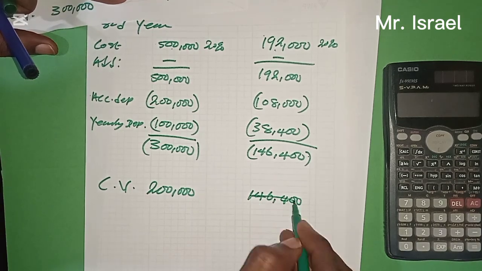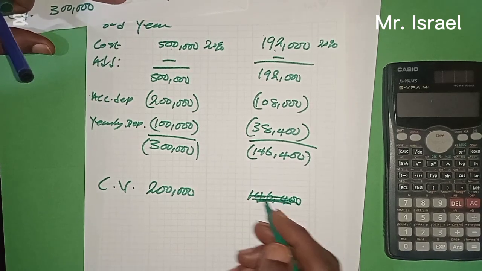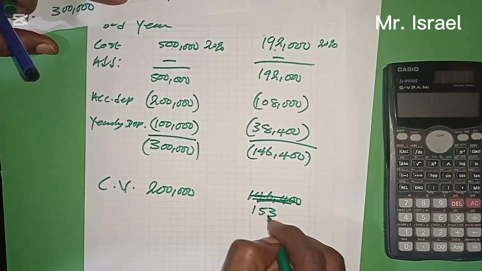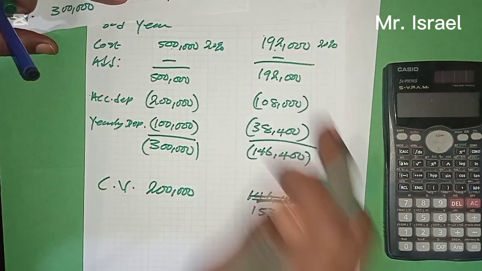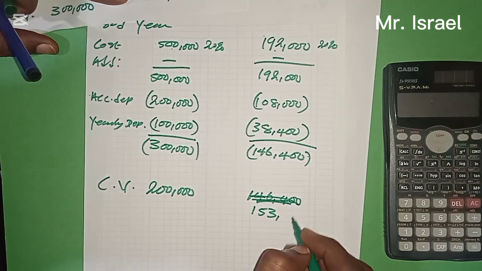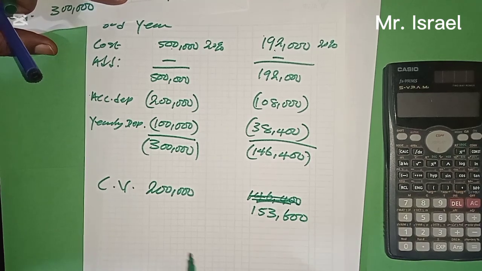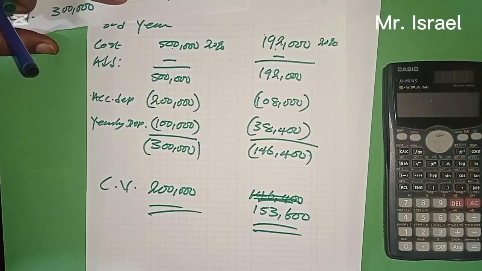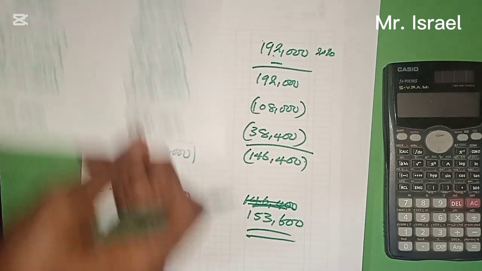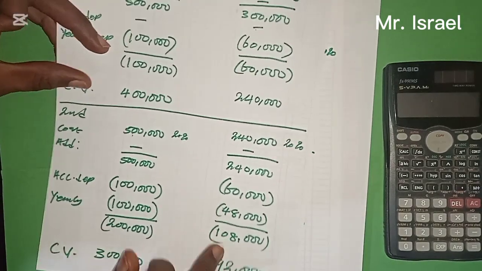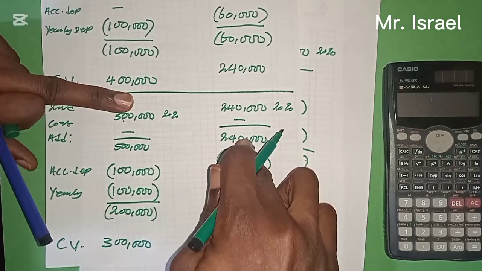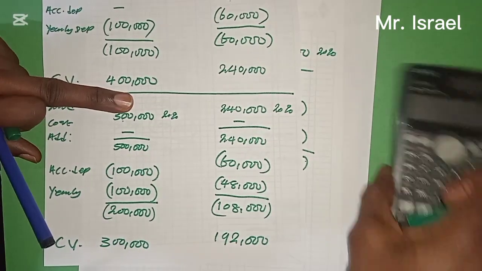No, sorry. The carrying amount will now be 153. So sorry about that. Because this minus this, please use your calculator to confirm it, will now give you this. So this is the carrying amount. This is the carrying amount. Now here it is 48 minus 240. That will give us 192.